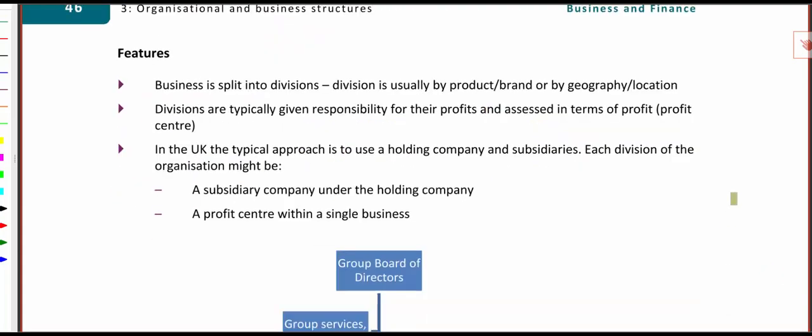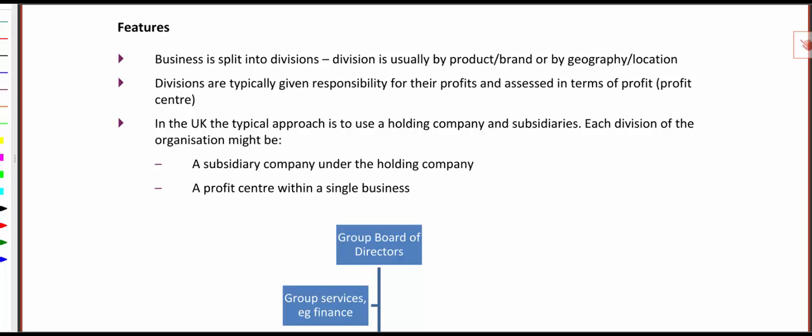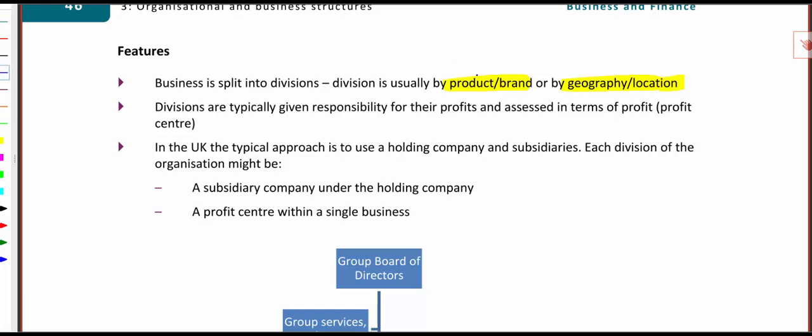Okay. So let's have a look at the features of this type of organization. As we said, split in divisions, and it's normally by a product or brand or by geography and location. A good example here for product or brand is that Mars have a pet food arm.